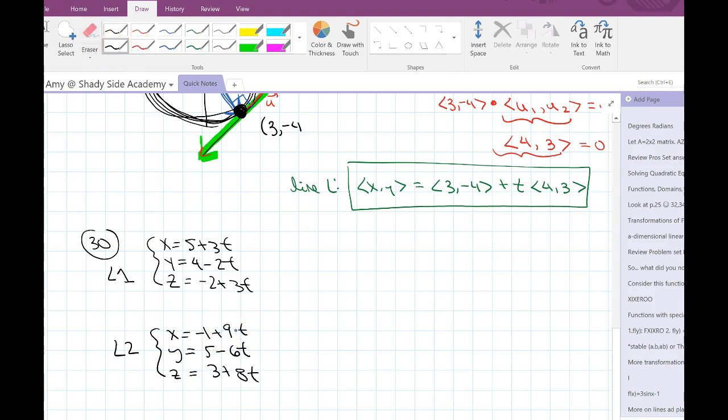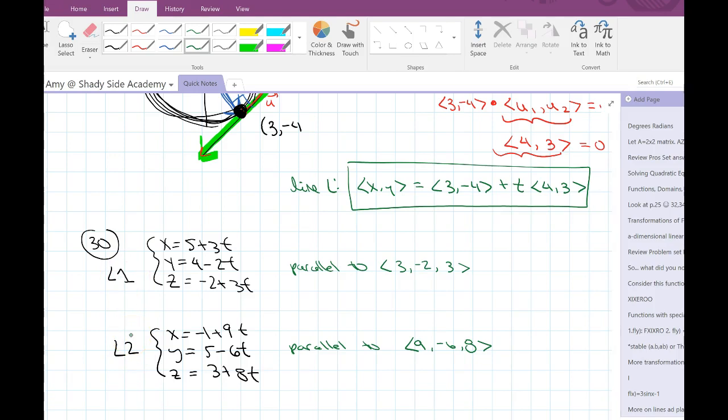Okay. All right. So here's line 1 and line 2. If you know that this line is parallel to the vector 3, -2, 3, and this line is parallel to the vector 9, -6, 8. Okay? Question for you. Are these two lines, line 1 and line 2, parallel? No, they are not.